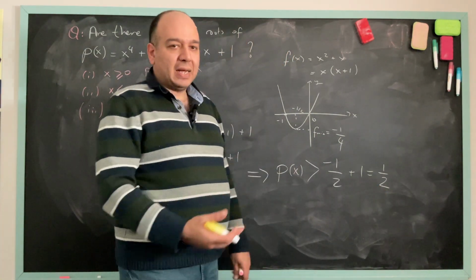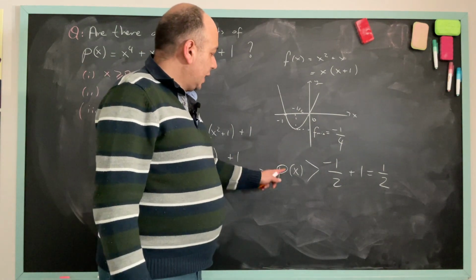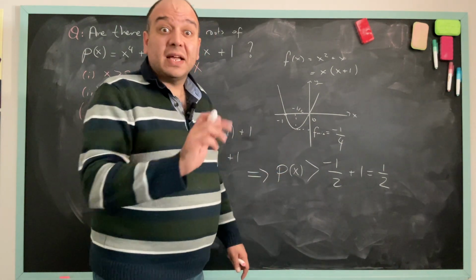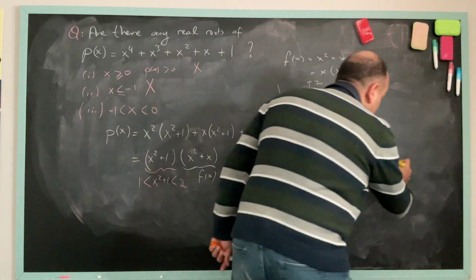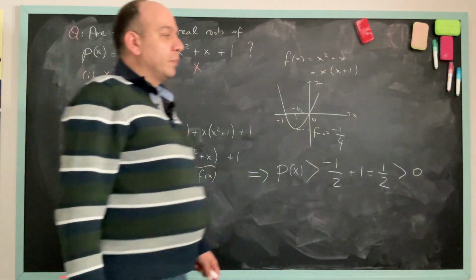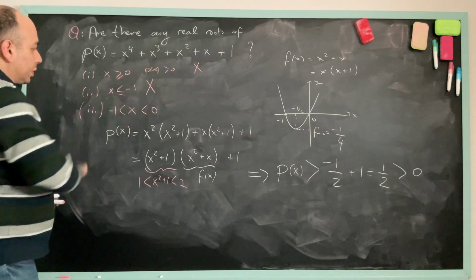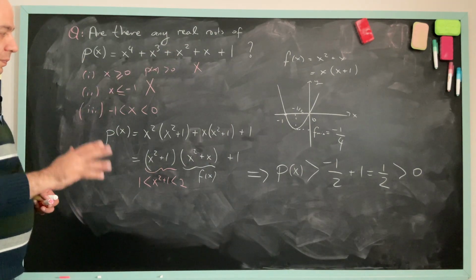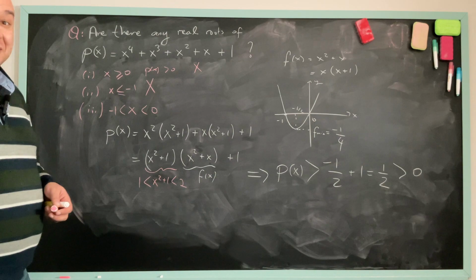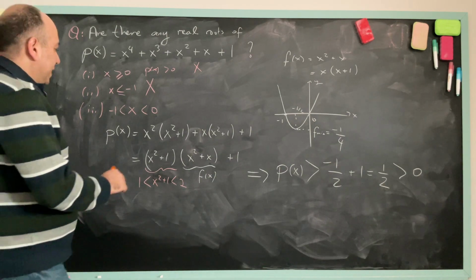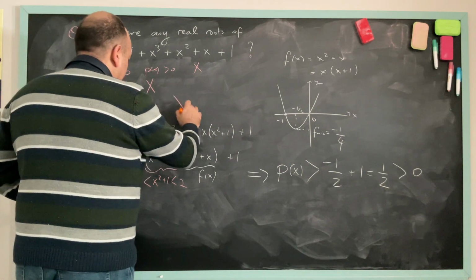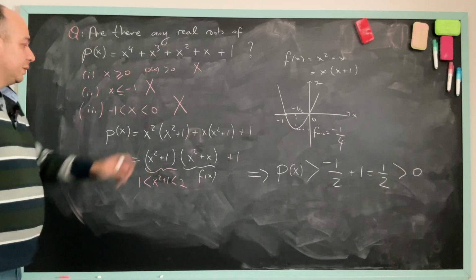It's just a lower bound. So whatever the minimum value of this p of x is, it has to be larger than 1/2, which is larger than 0. So this tells me that this polynomial function can never get any negative values. Okay, so this region is also gone.